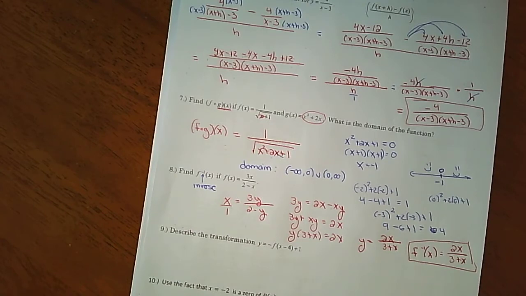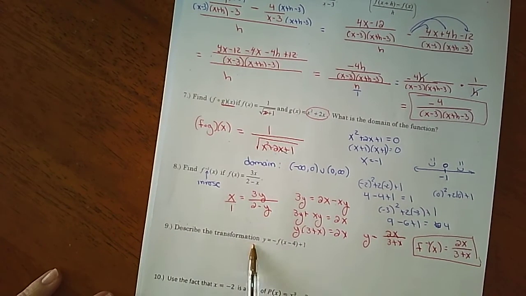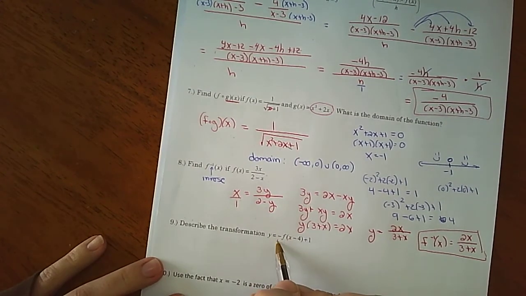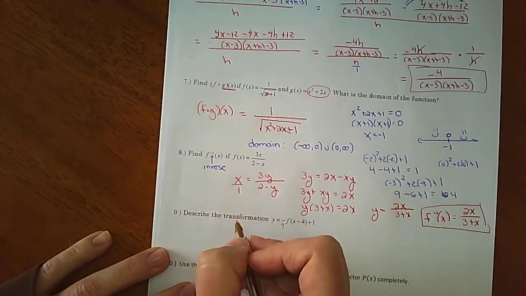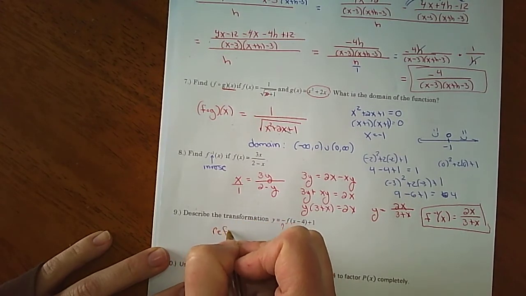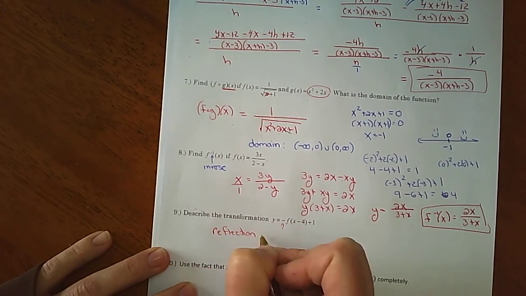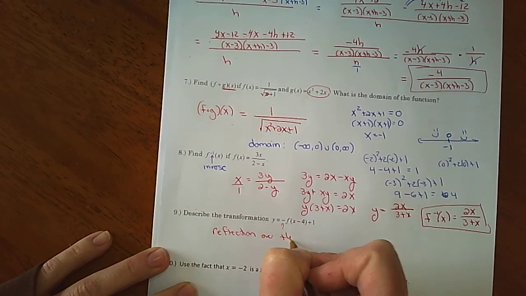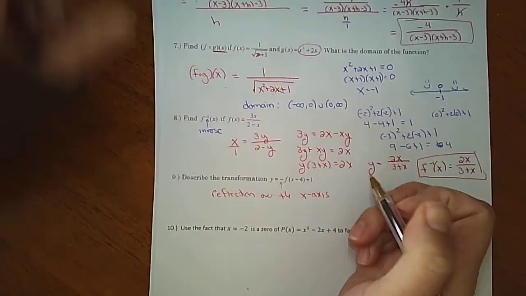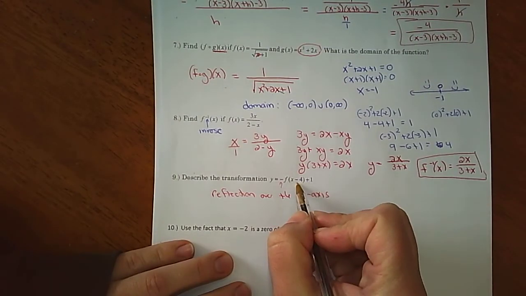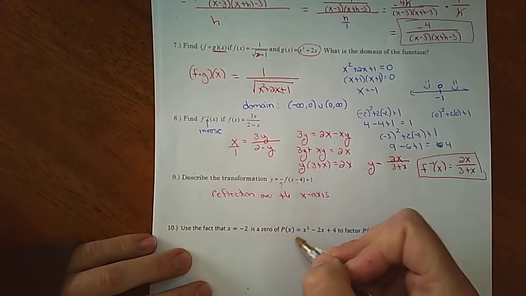All right, next one. Describe the transformation. All right, a negative out in front means the word reflection. So this is going to be reflection over the x-axis. All right. This affects the x, and anytime it affects the x, we do the opposite.